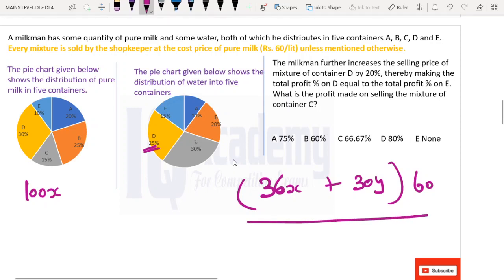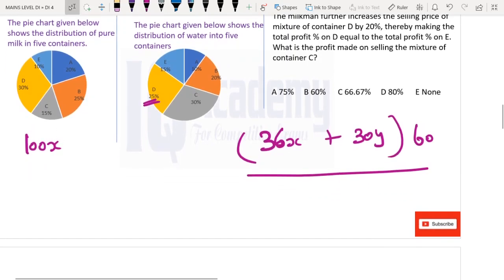If we increase the selling price by 20%, the total profit percentage on D equals the total profit percentage on E. When we are selling it at the price of (36x plus 30y) into 60, what will be the profit percentage?